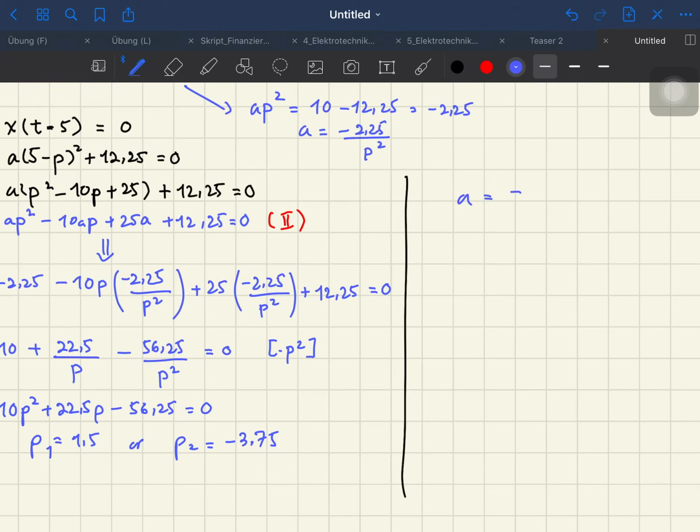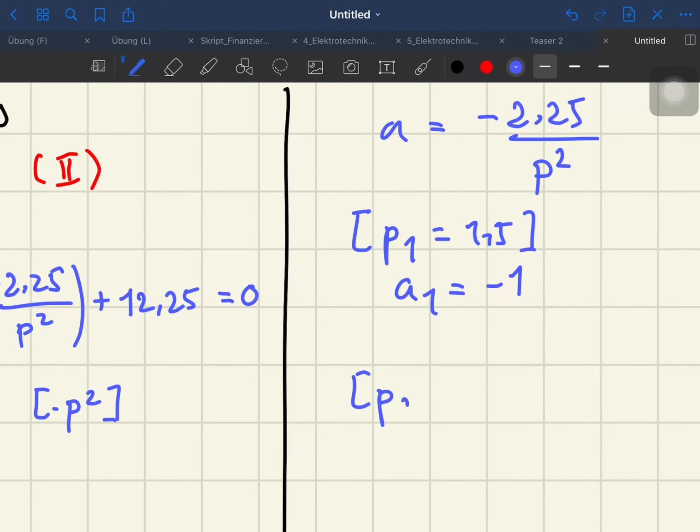We know that, recall back, a equals negative 2.25 over p squared. In the case of p1 equals 1.5, our a1 equals negative 1, obviously.